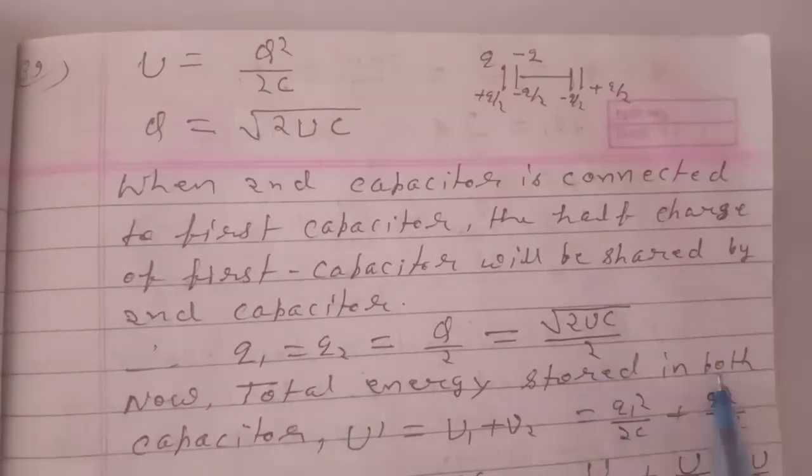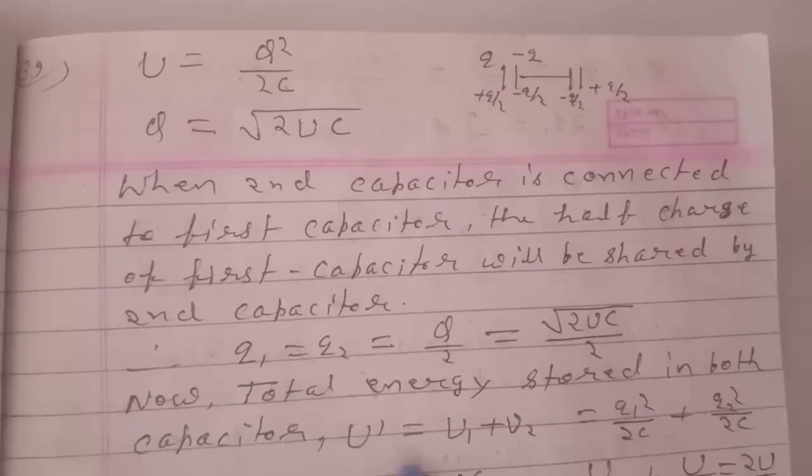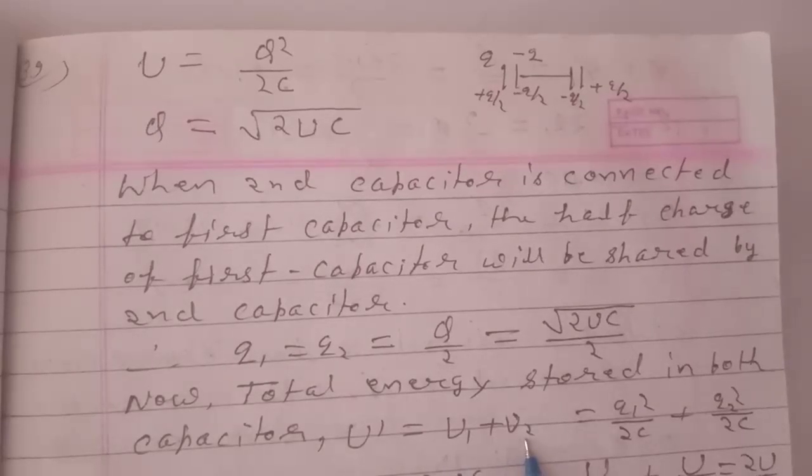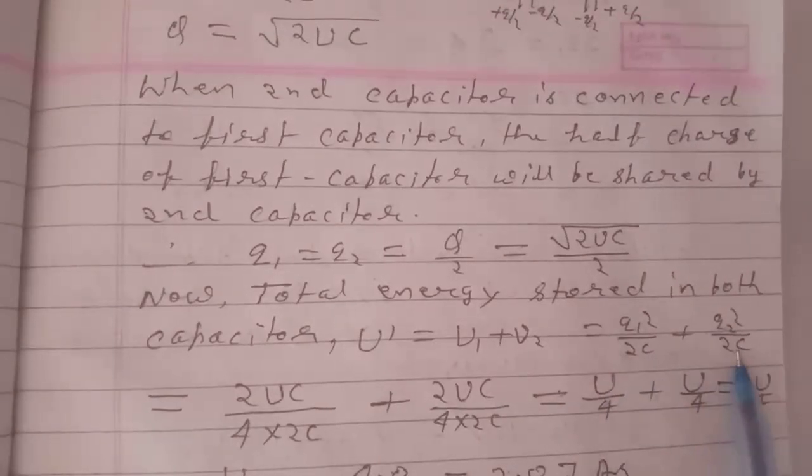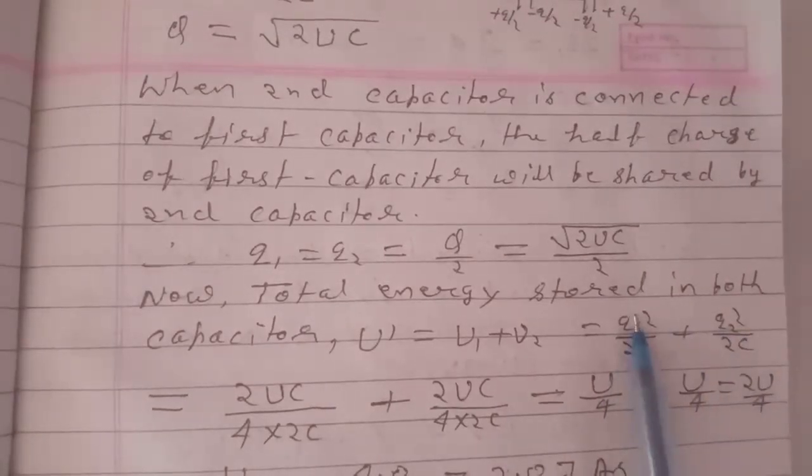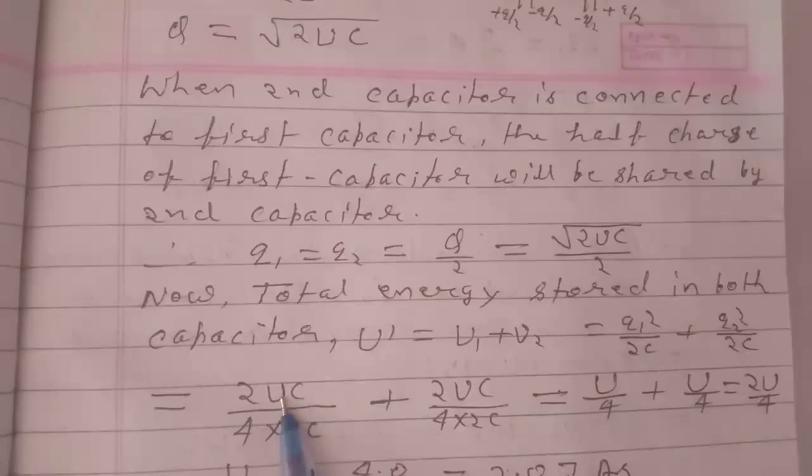Now total energy stored in both capacitors, U dash equals U1 plus U2, Q1 square by 2C plus Q2 square by 2C. Q1 square is equal to 2UC by 4, into 2C.